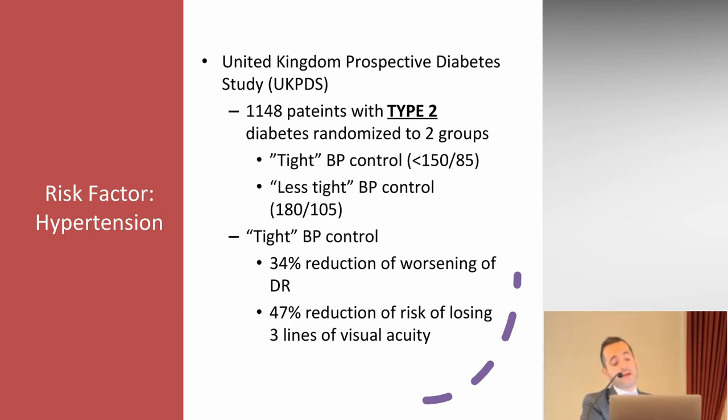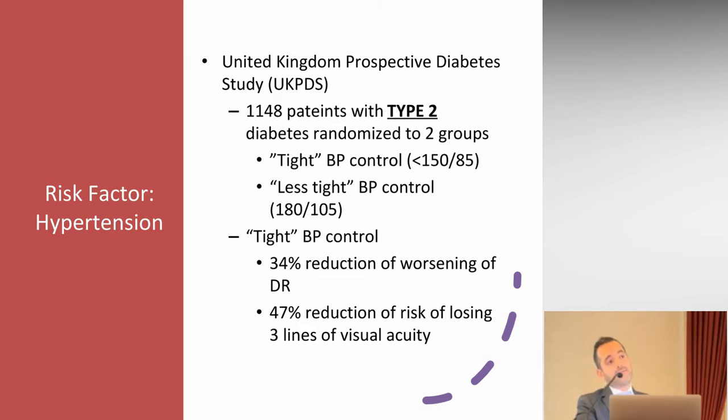This is a study that came out from the UK called UKPDS, or United Kingdom Prospective Diabetes Study. It was a very neat study. It basically looked at a whole bunch of patients with type 2 diabetes, and some of these patients were medicated to keep their blood pressure under what they call tighter control, defined as blood pressures of less than 150 systolic and 85 diastolic.